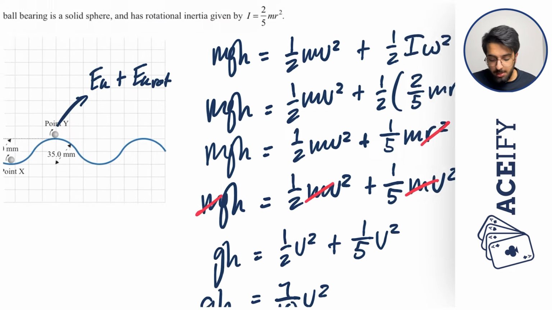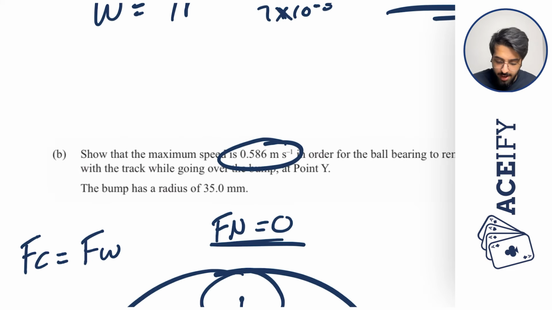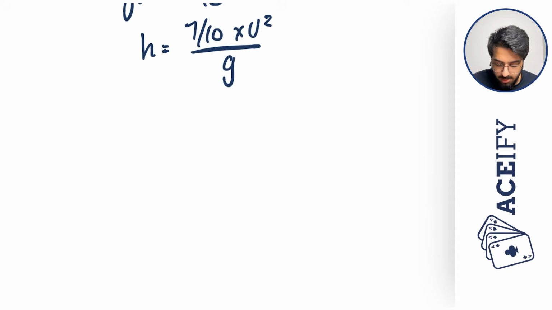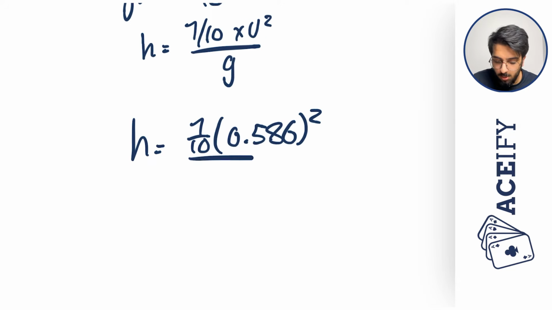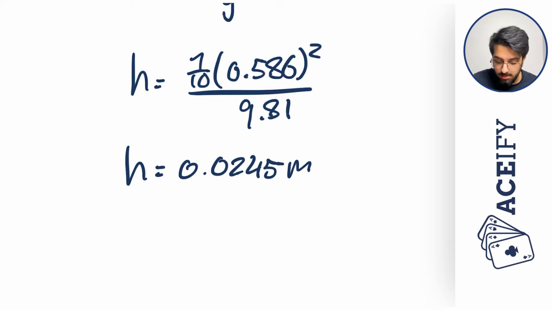Well, because we picked point y, we can just go back up here and use the value given to us of 0.586, right? So our height is equal to 7 over 10 times 0.586 squared all over 9.81, and therefore our height is equal to 0.0245 meters. There we go.